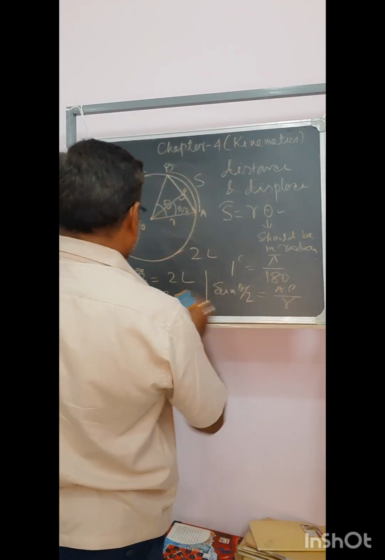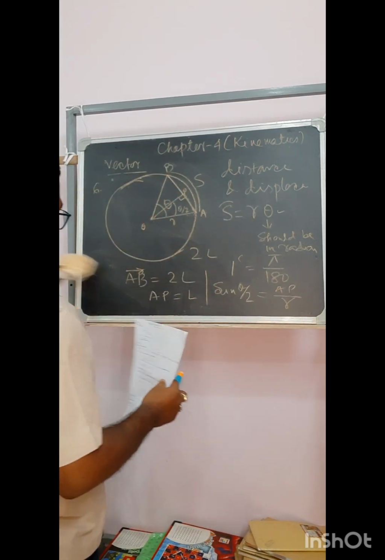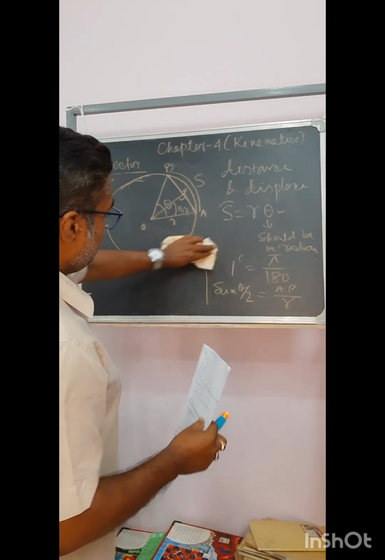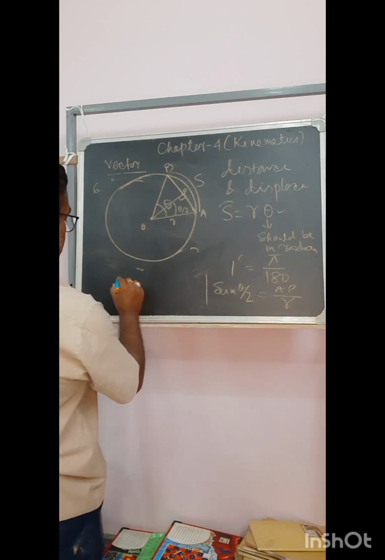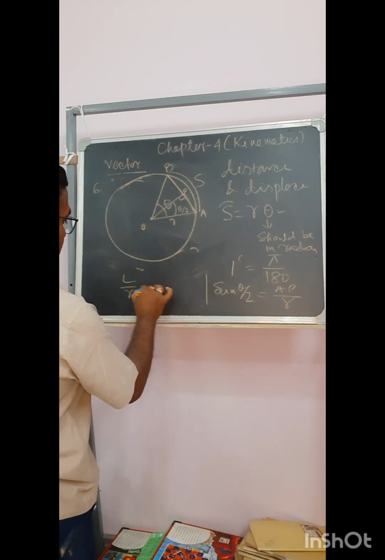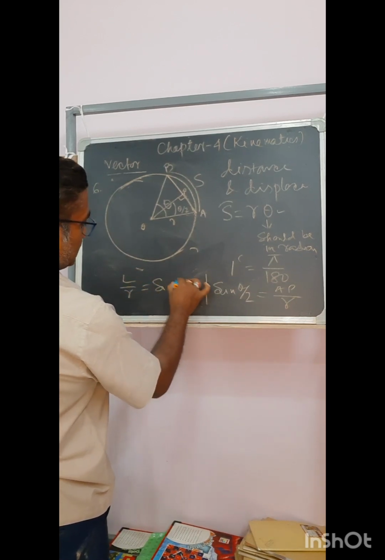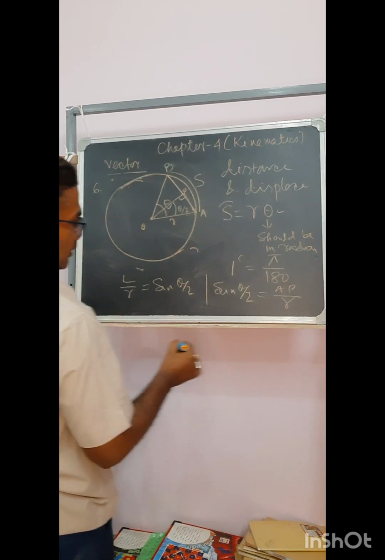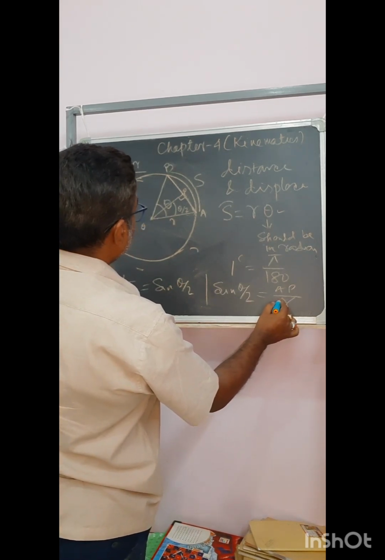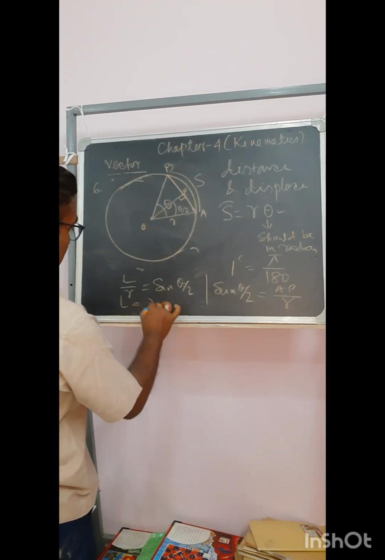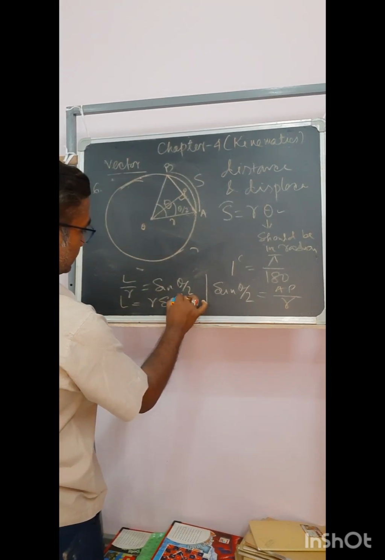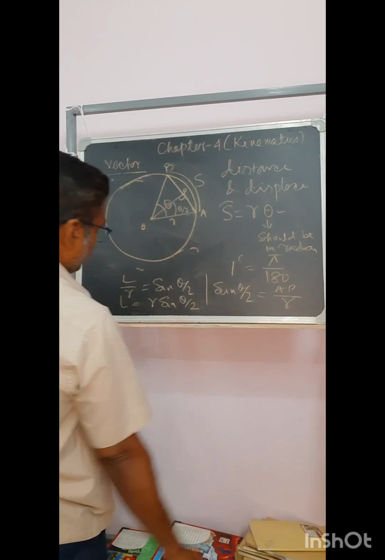Now what is AP? AP I have taken as L, so L by R is equal to sine theta by 2. So then L is equal to R sine theta by 2.